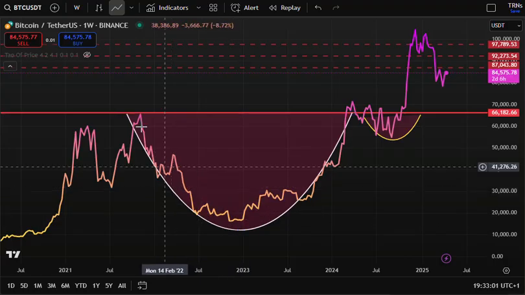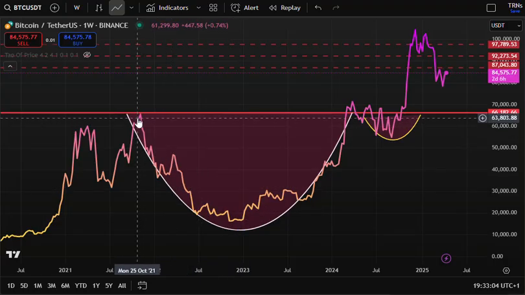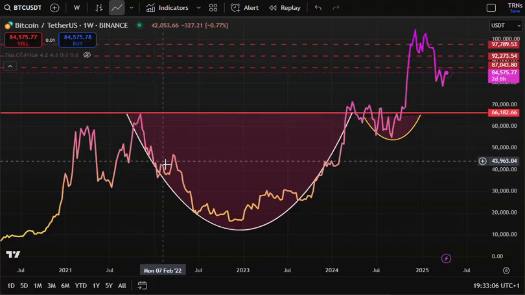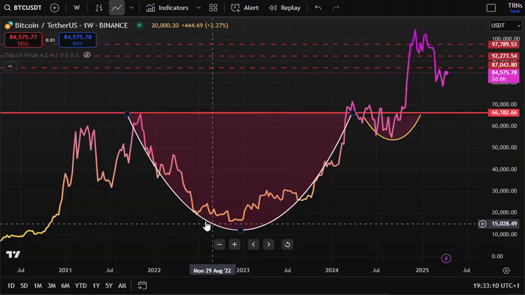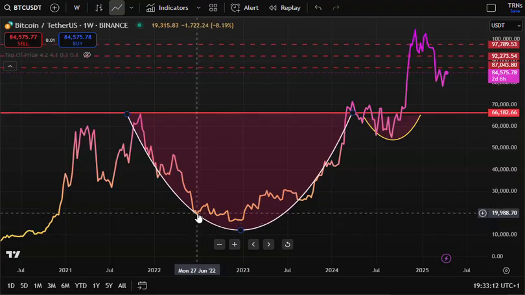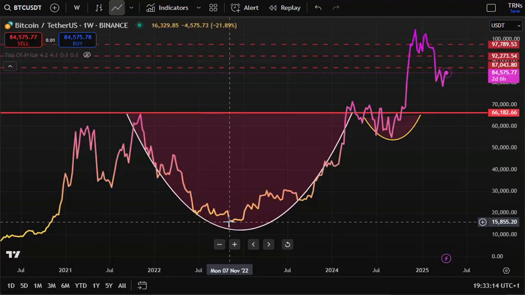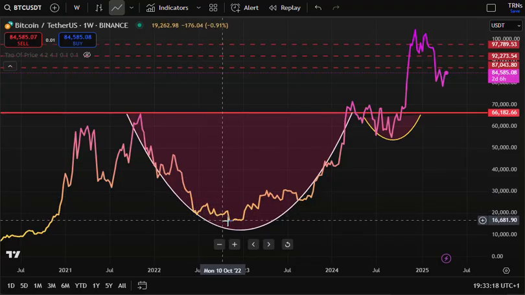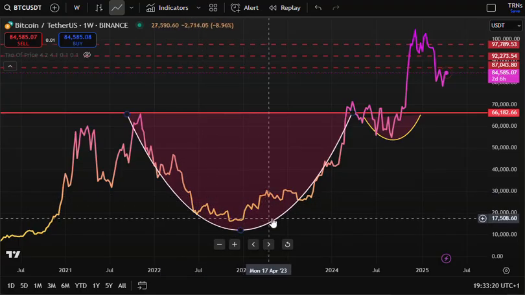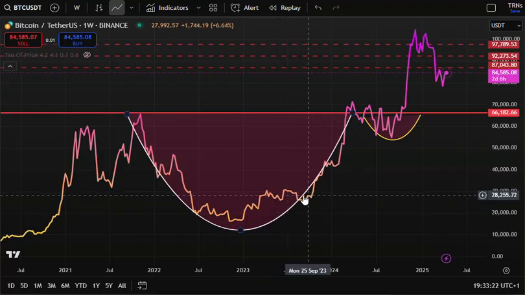Now, what you're looking for in the cup is a U shape that reflects a recovery off of the lowest point that we have. So we have the lowest point right here, that's 17,000. And the marketplace actually just starts to slowly turn back up and recover. It trades a little bit outside of it, but it's okay.